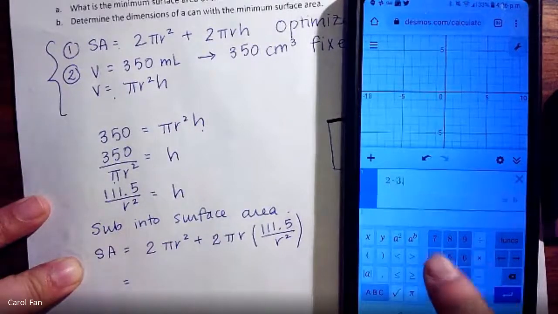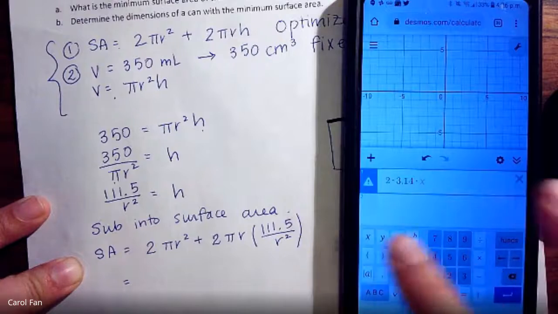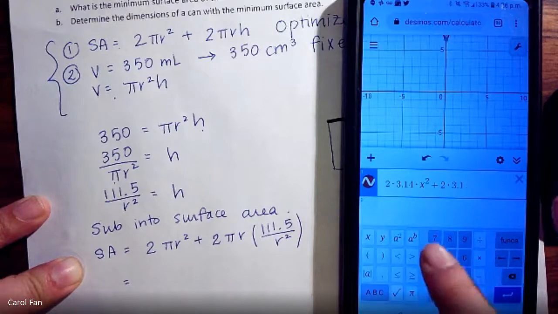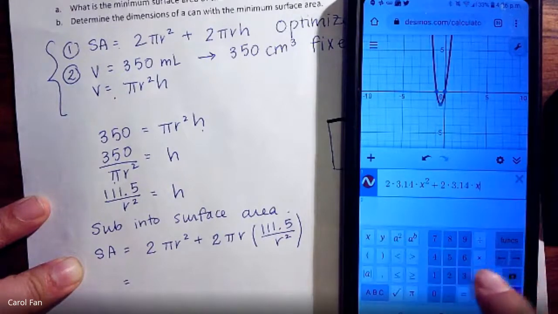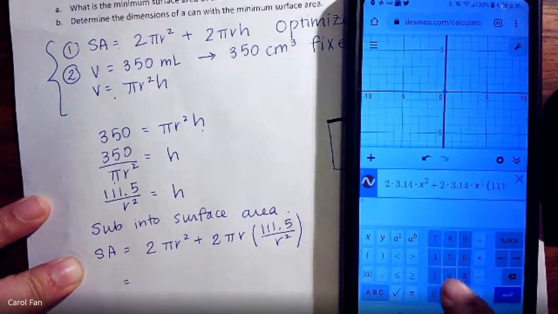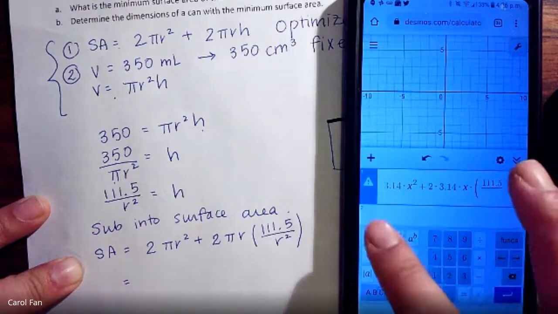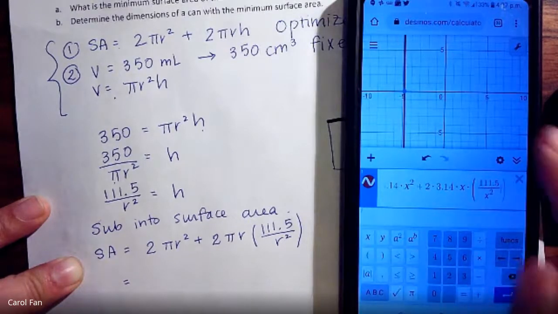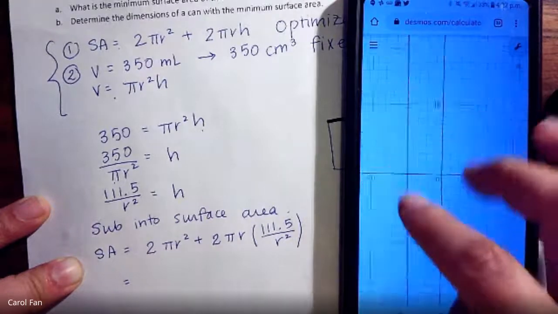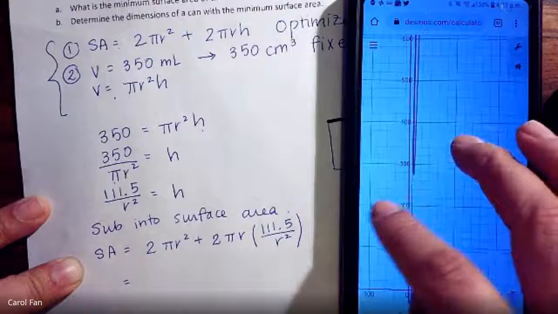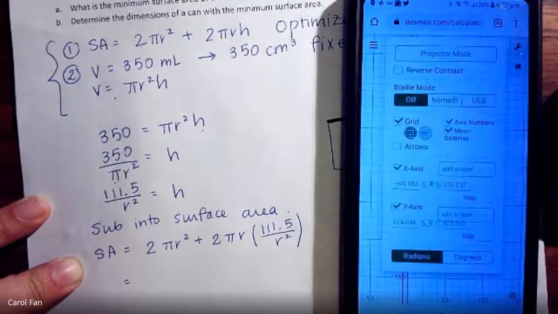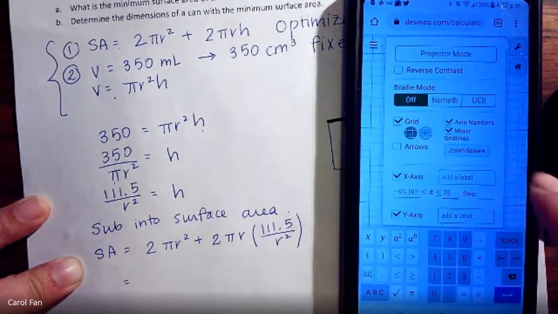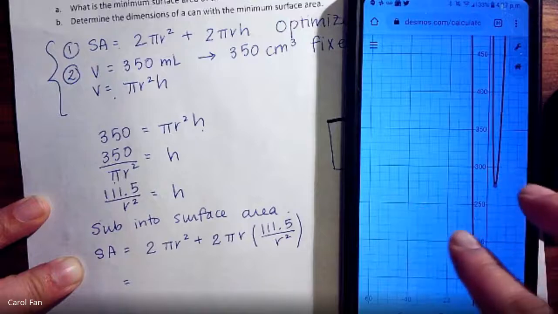Two times 3.14 times x squared plus 2 times 3.14 times x times bracket 111.5 divided by x squared, close my bracket, and I have a very thin one. Let's change our view. Let's make our x. Okay.